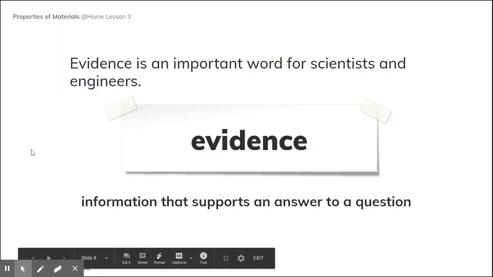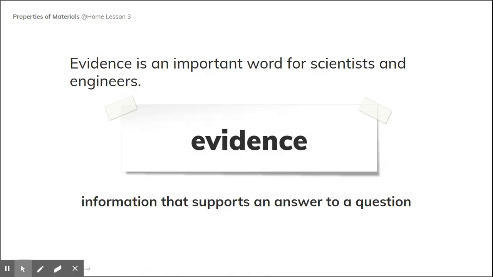Evidence is an important word for scientists and engineers. Evidence is the information that supports an answer to a question. We talk about that some in both reading and in math. You make a claim about what's an important event in the story, and then I ask you what evidence you have.